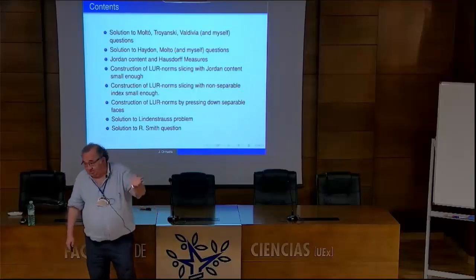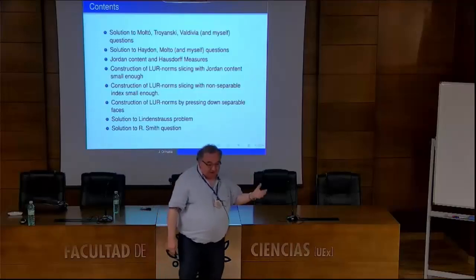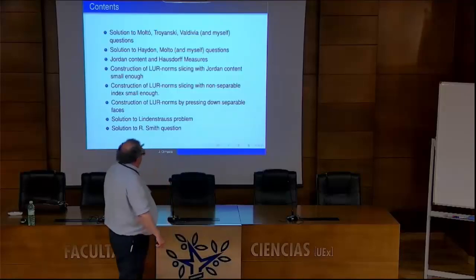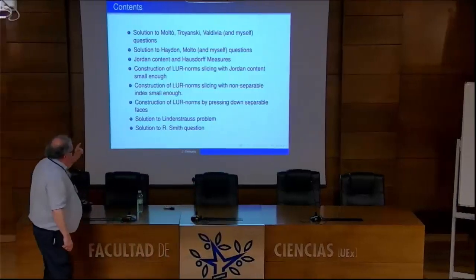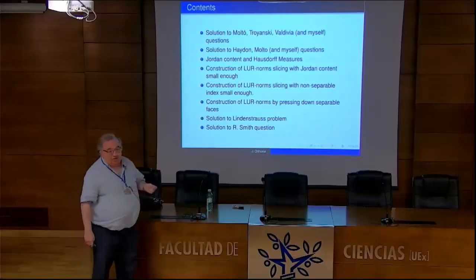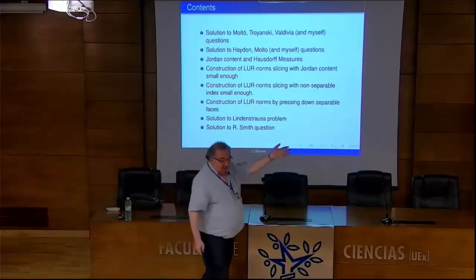Jordan content and Hausdorff measure are different from the diameter. And with all of them, we are going to have theorems, even with slicing with non-separable index small enough, which is the separability assumption that I'm saying.